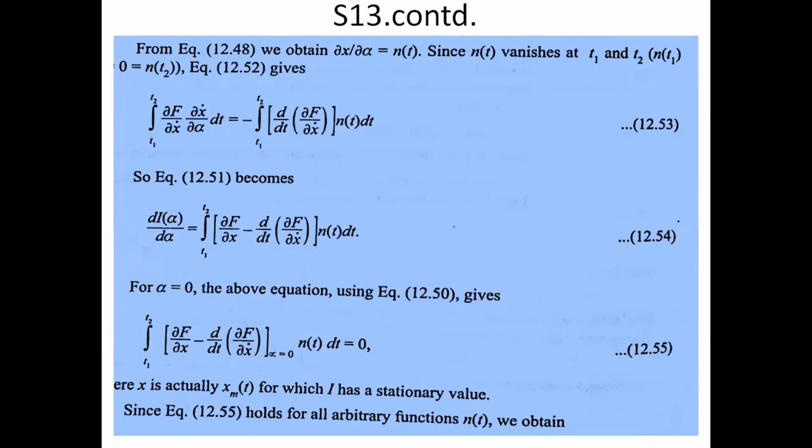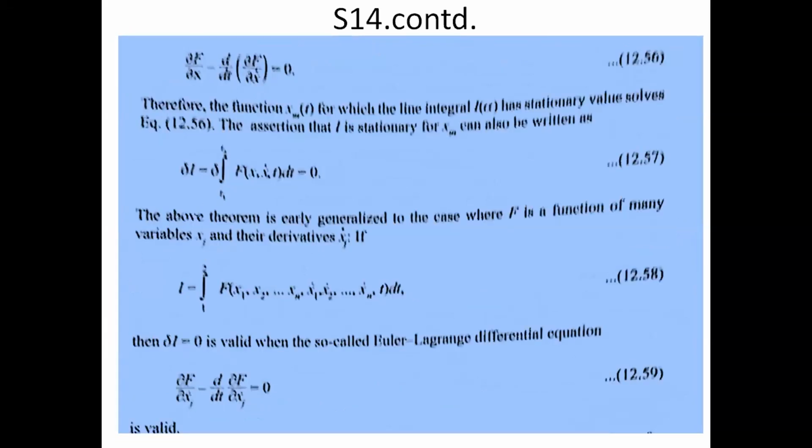Now η(t), as one of the students asked, is what? It is an arbitrary function. Since it is for any arbitrary function, the integral is 0 as shown in 12.55. Therefore, when I go to S14, I find that the integrand has to be 0.